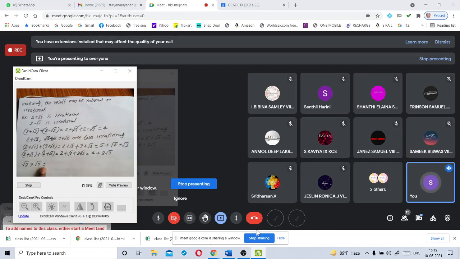In this case, we can multiply 2 into 3 under the square root. That is root 6. Okay, my children. We can multiply like this. But we should not add root 2 plus root 3 as root 5. You should not add those numbers like that. Okay, my children.